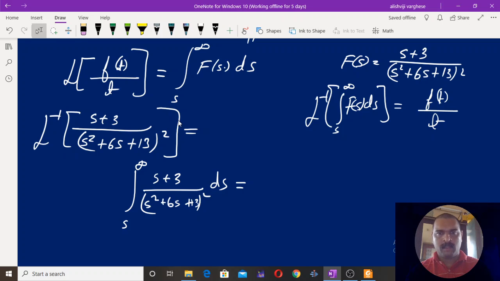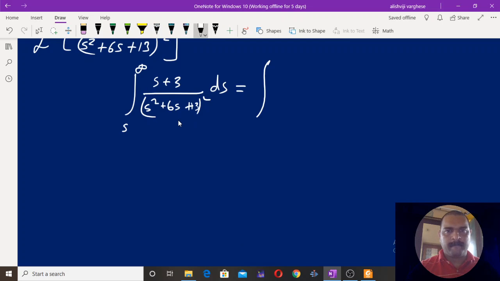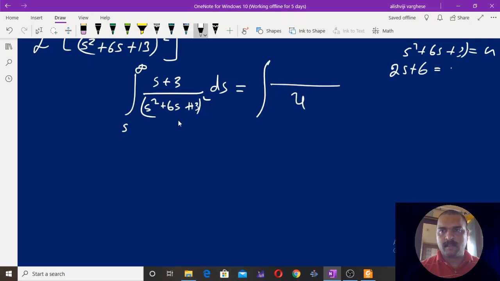Now to integrate it, the denominator is taken as u: s square plus 6s plus 13 is equal to u. So (2s plus 6) ds is equal to du, or (s plus 3) ds is equal to 1 by 2 du.